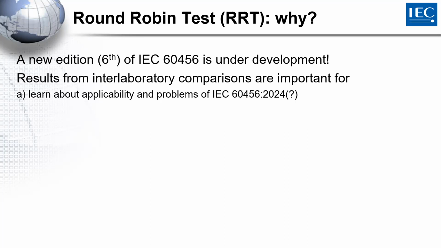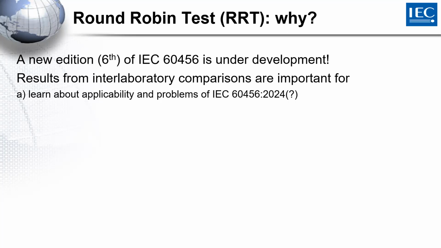The standard is not yet finally published. It is available only in a committee draft, but it will be published, I think, somewhere in 2024 or late 23 if we are really quick. But now we still have the chance to modify it. So we really want to learn where are problems of application.